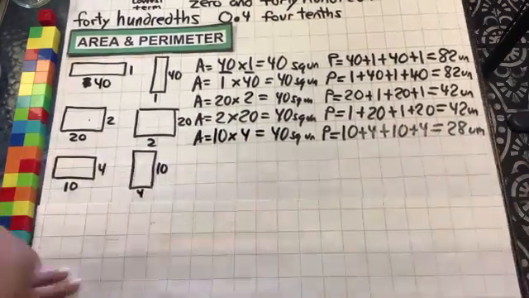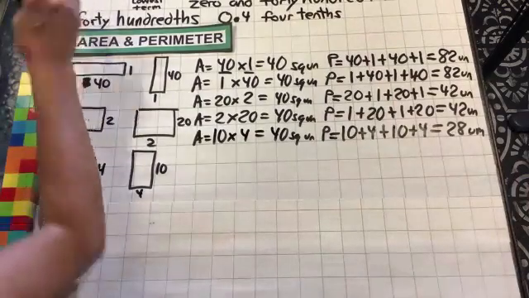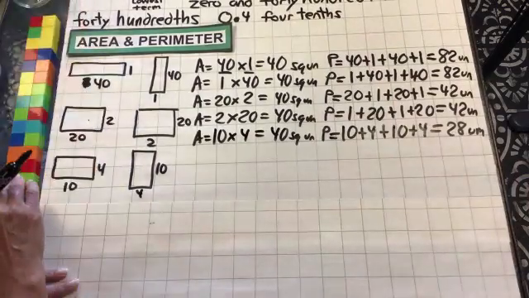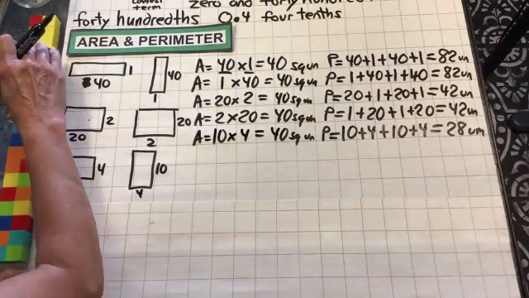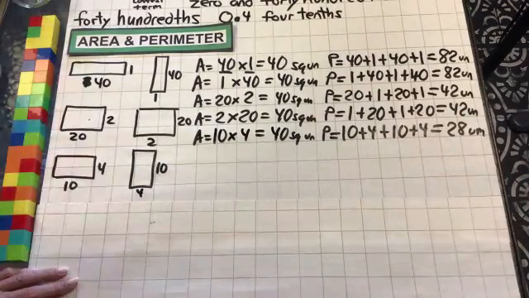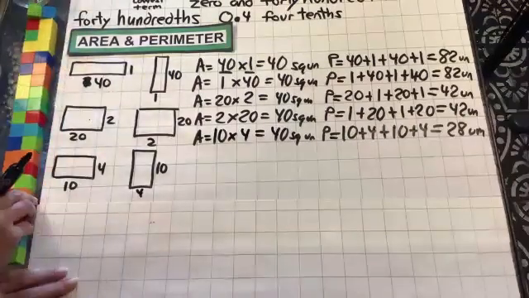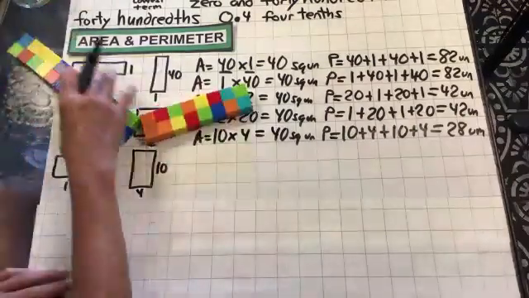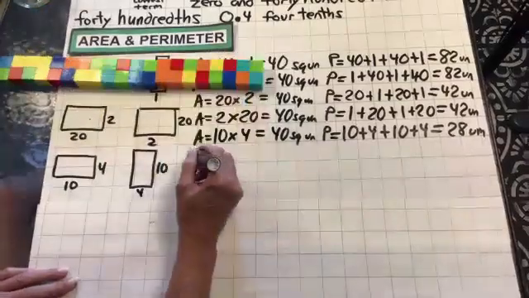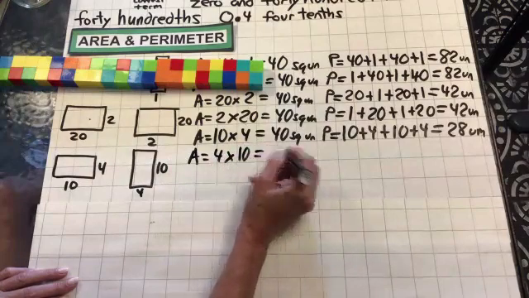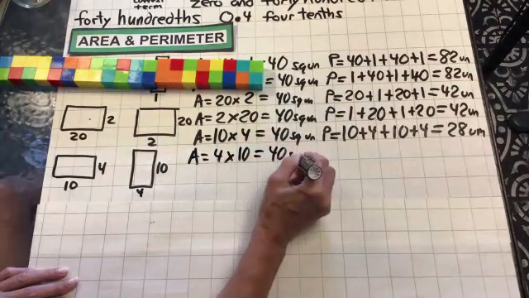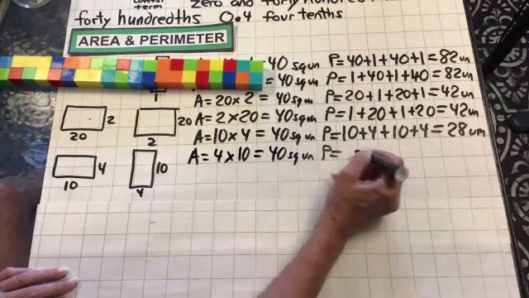All right, let's go on. I just want to get my cubes out here. And then the next one would be a 4 by 10, which we haven't written down yet, and that would be 40 square units. If you haven't written it, write it down.